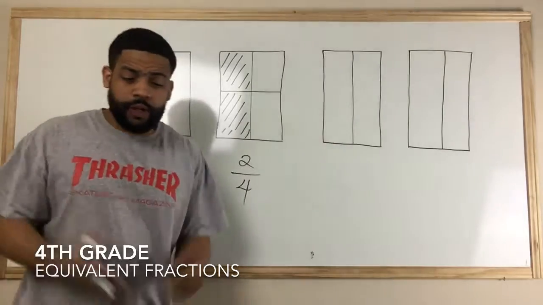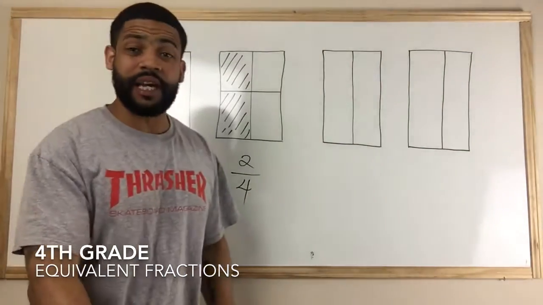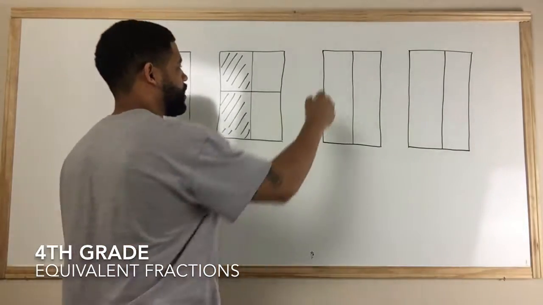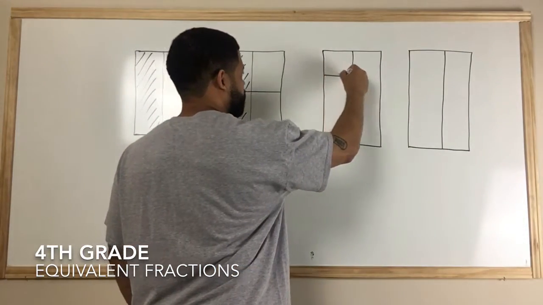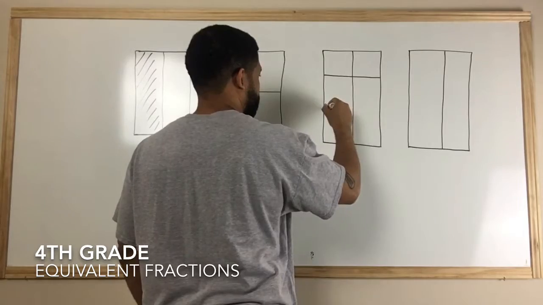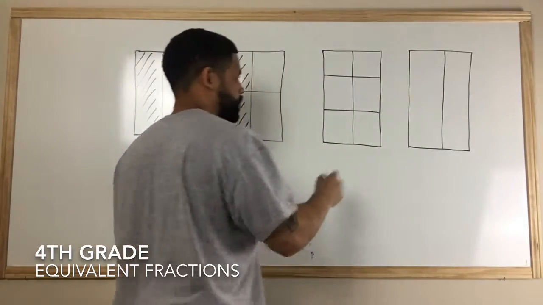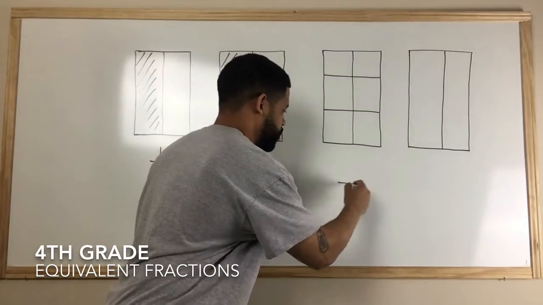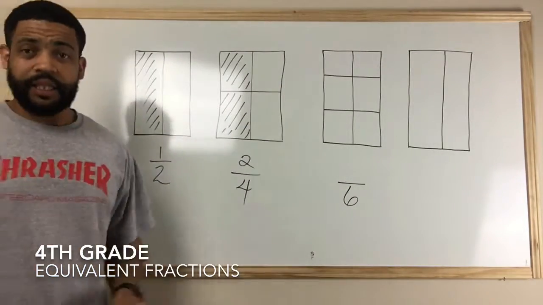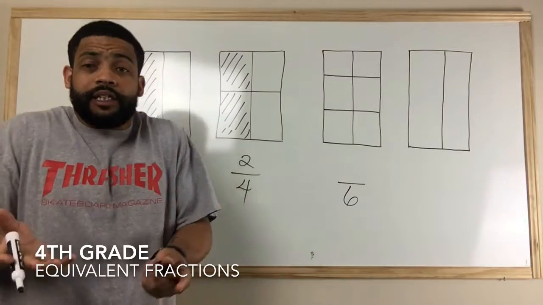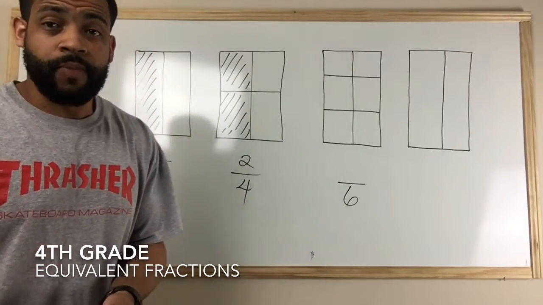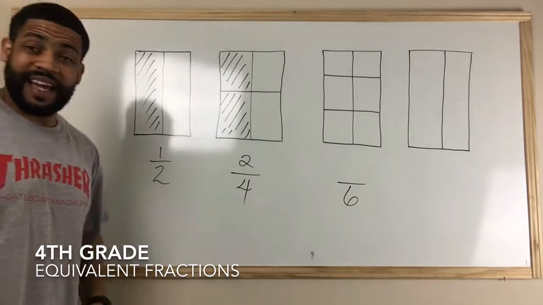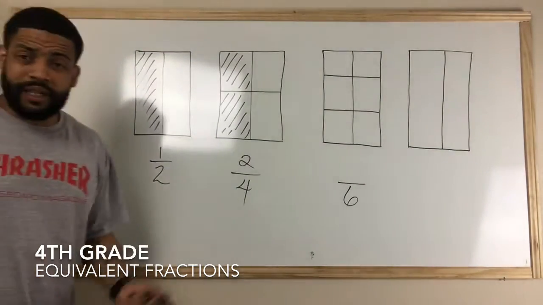Moving to the next one, we want to break that one into even more pieces. So let's take this one and say, let's go 6 pieces. So we have 6 total pieces, so that means our denominator is going to be 6. Now, how many of those do I need to shade in order for it to be the same value as 2/4 and the same value as 1/2?